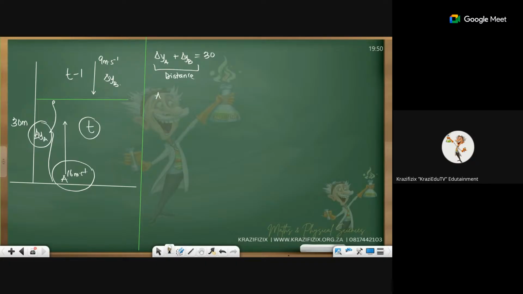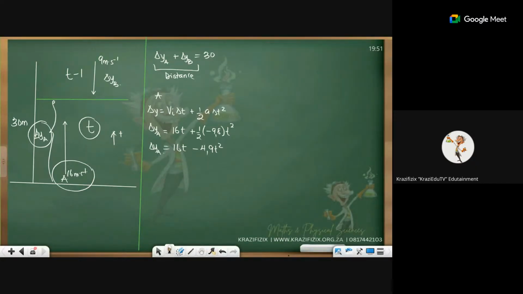For A, delta Y equals Vi delta t plus half a t squared. What's the initial velocity of A? We're choosing up as positive, remember? So this is 16t plus half of negative 9.8 t squared. Let's simplify: 16t minus 4.9t squared. This is the delta Y of A.